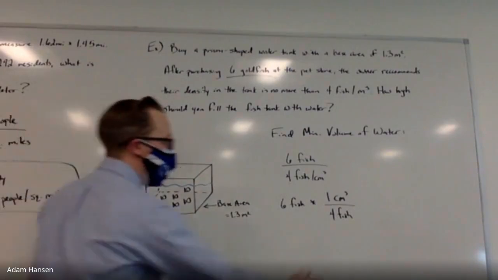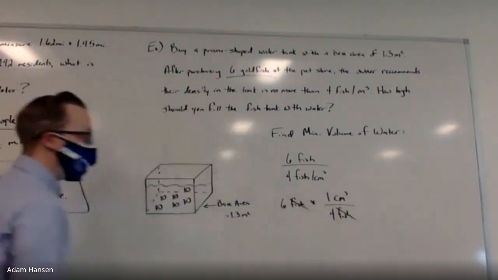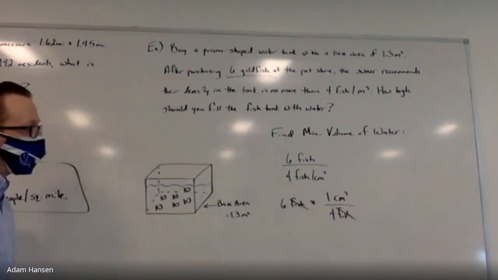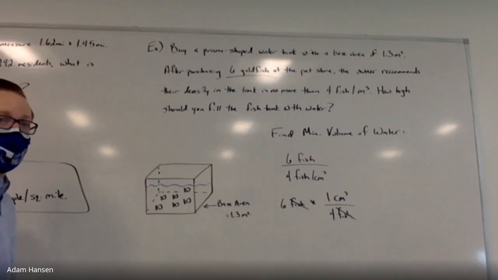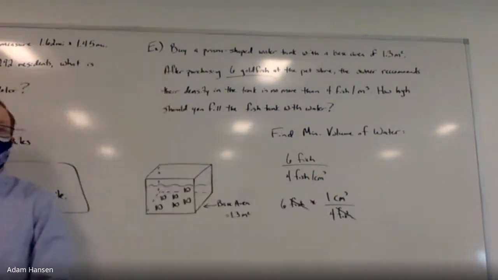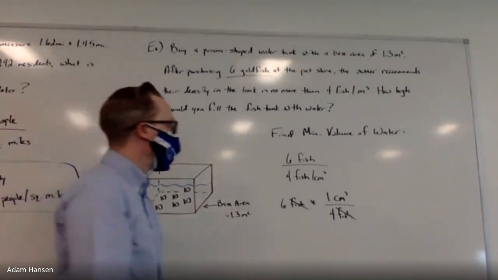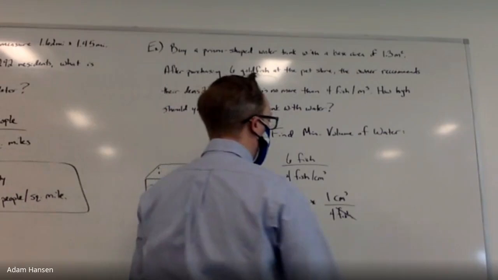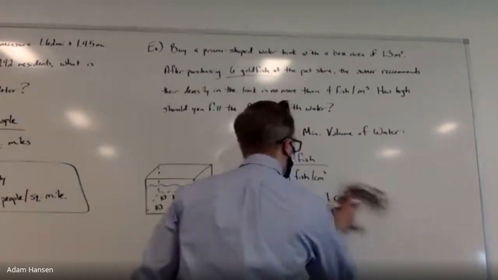The fish. I'm canceling out the labels of fish, leaving me that cubic centimeter volume label left over. 6 divided by 4, or 6 times 1 divided by 4, converts the number of fish to the volume that those 6 fish can live within. What's 6 divided by 4? 1.5.